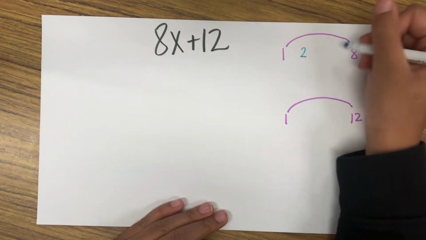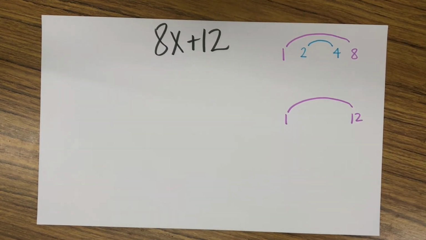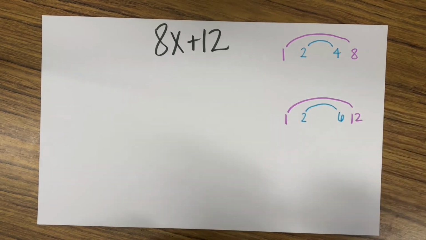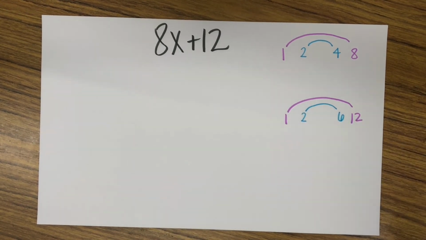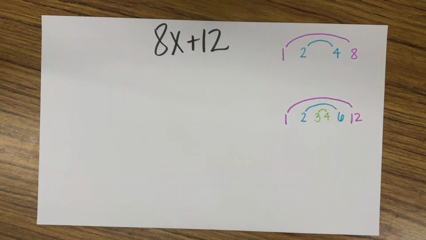I also have 2 and 4 for 8. I have 2 and 6 for 12. I have no other factor rainbows for 8. I have 3 and 4 for 12.